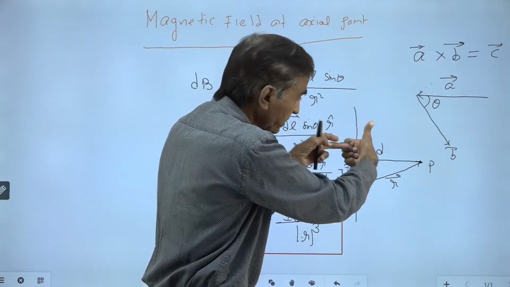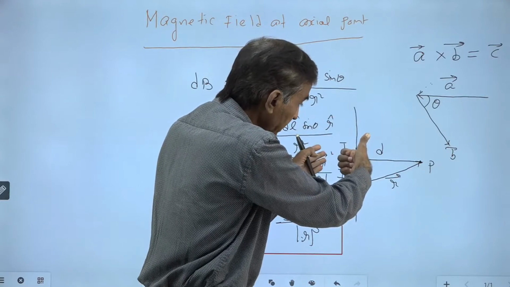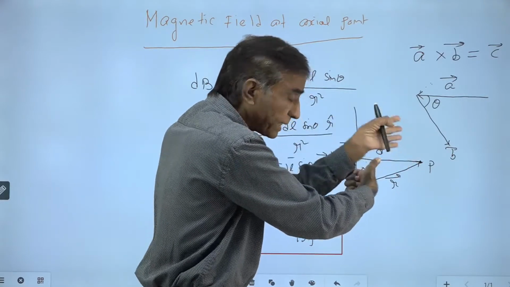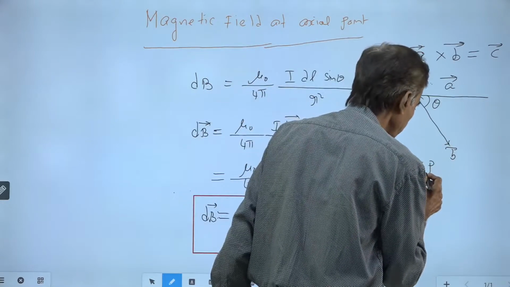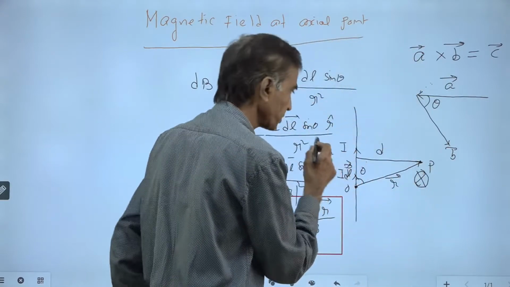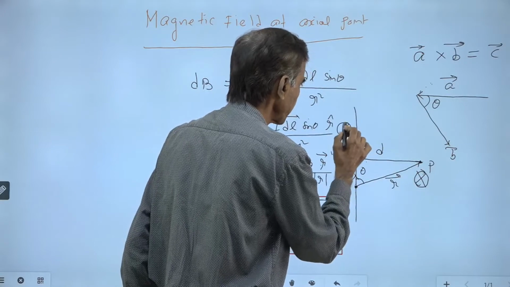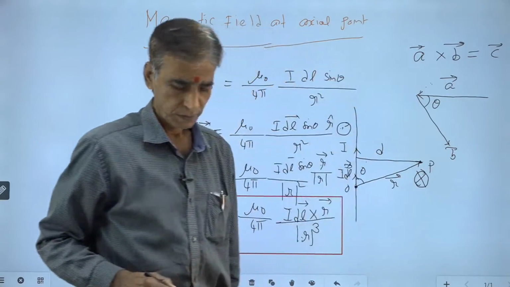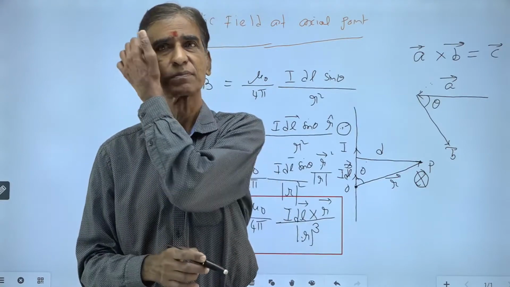Then see the fingers: they are coming out of the plane at the left and going into the plane at the right. Means here the field dB is into the board, whereas on this side, at the same point, it will be out of the plane. So that is a way to find the magnetic field very easily.